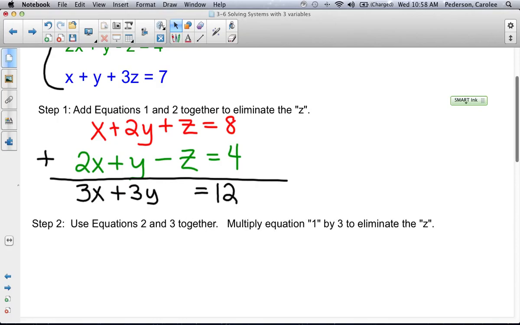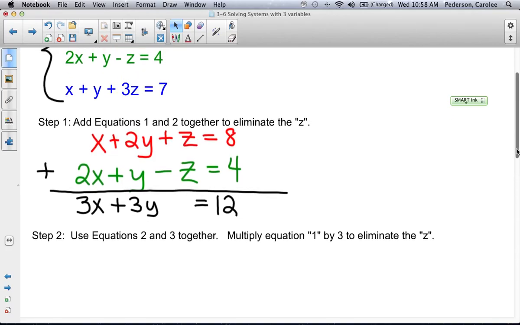All right, step 2. Step 2 is to use equations 2 and 3 together and try to eliminate the same variable, z. So now I'm working with the green and the blue equations.